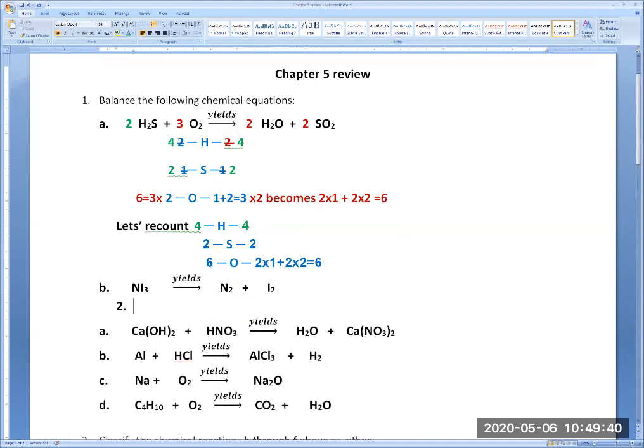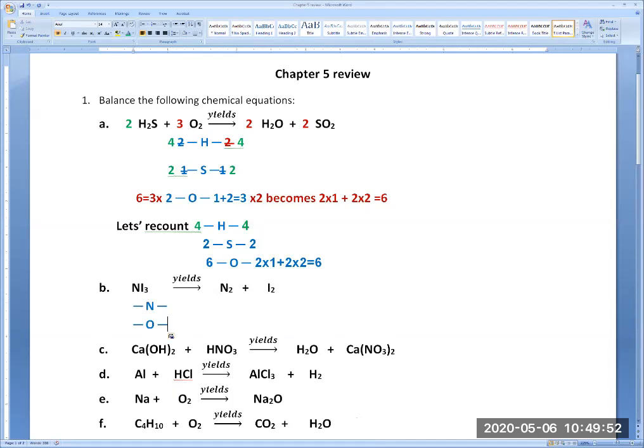So let's do the next one. We have nitrogen, and we have, that's iodine, capital I, right? So let's count the number of nitrogen on the left.